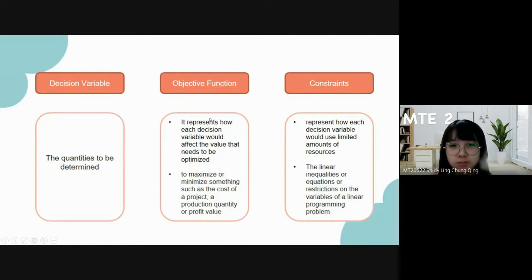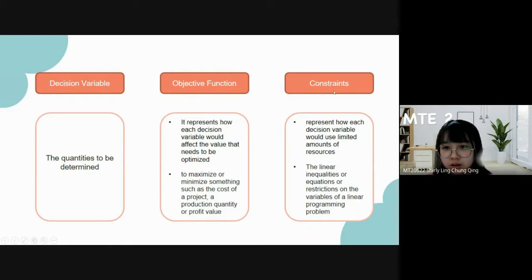Objective function represents how each decision variable will affect the value that needs to be optimized. Why we need to find the objective function? We need to find the objective function to maximize or minimize something, such as the cost of a project, a production quantity, or profit value.